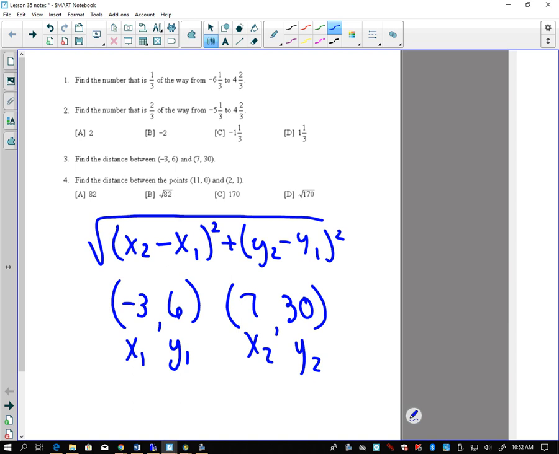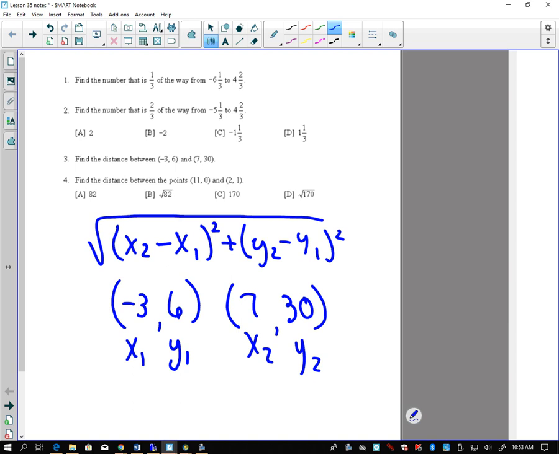I've seen people that, when looking at x2, x1, actually took just a single set of coordinates. So instead of taking, say, 7 minus -3, I've seen people do something like -3 minus 6. They just put those x's and y's together on one side.